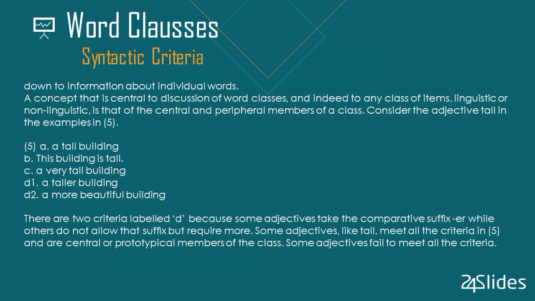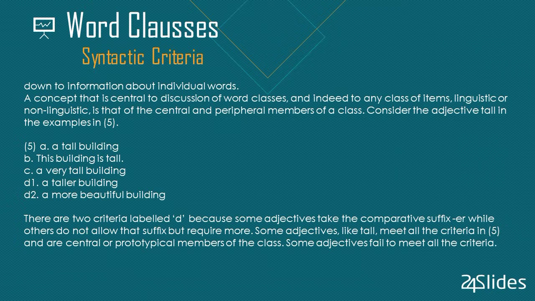A concept that is central to the discussion of word classes, and indeed to any class of items, linguistic or non-linguistic, is that of the central and peripheral members of a class. Consider the adjective tall in the examples in 5. A. A tall building. B. This building is tall. C. A very tall building. D1. A taller building.